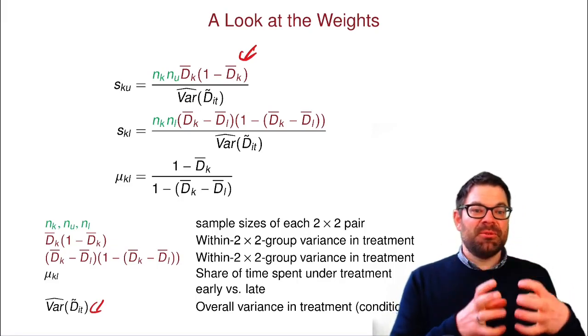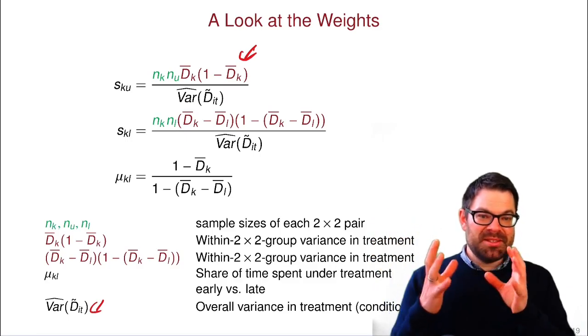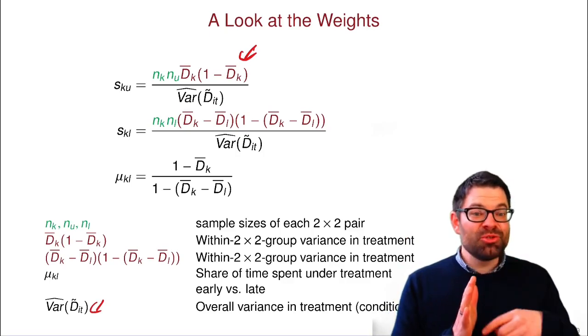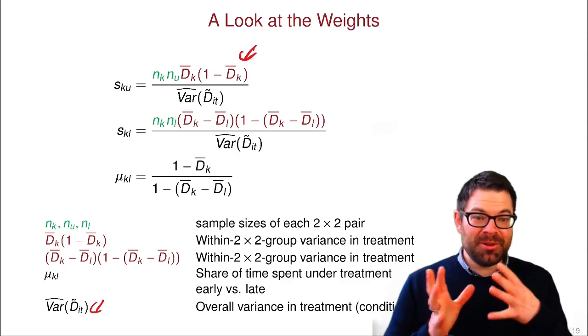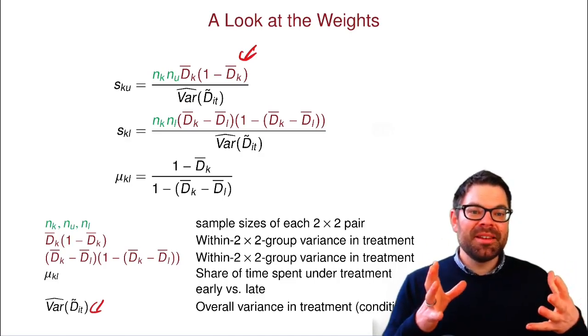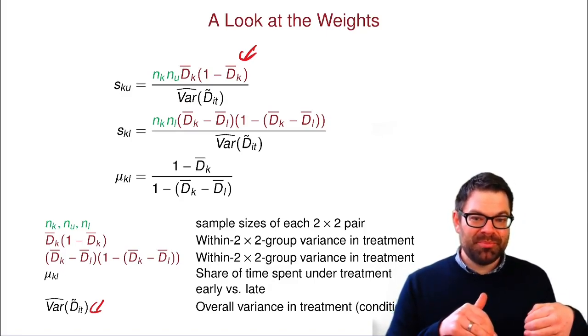The fixed effects define groups, and then your fixed effect estimator weights all the observations by the within-group variance in the treatment. So if there is a lot of variation in the treatment within a group, it gets a high weight. If there is not much variation in the treatment, it gets a low weight.